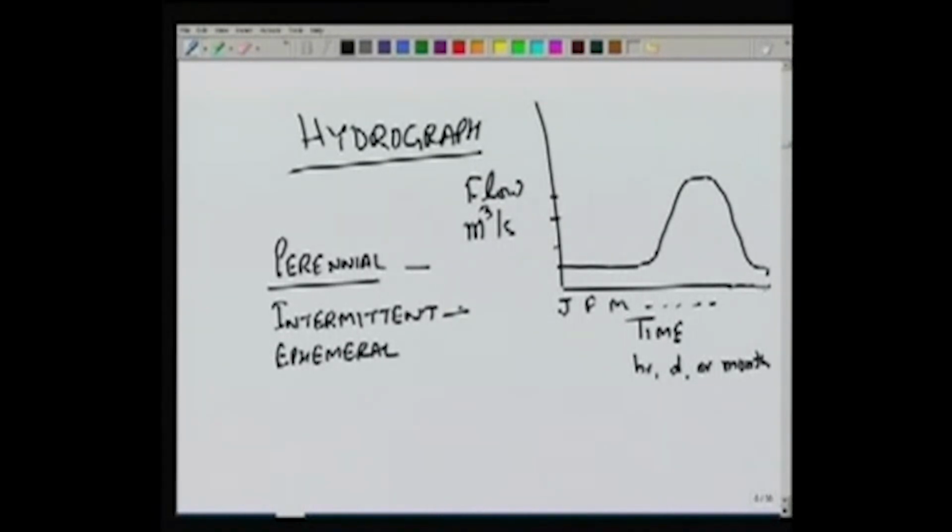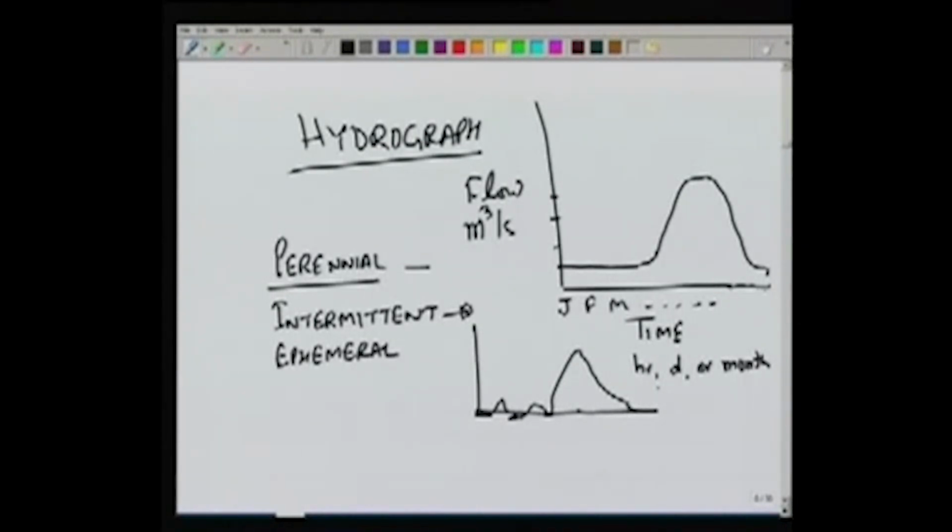For example, the intermittent stream may have a hydrograph which would look like this. So some part of the year there will be no flow, and during most part of the year there would be some flow in the stream.